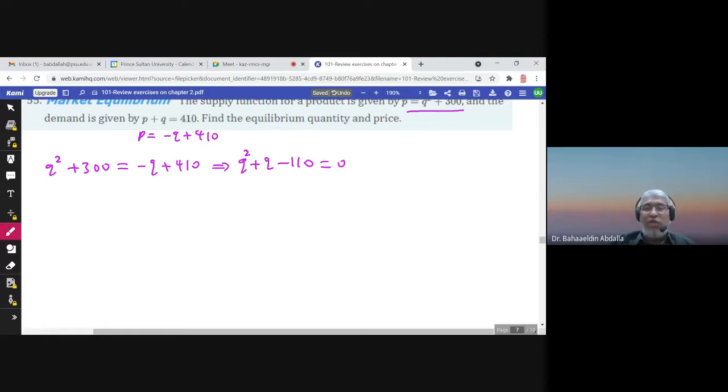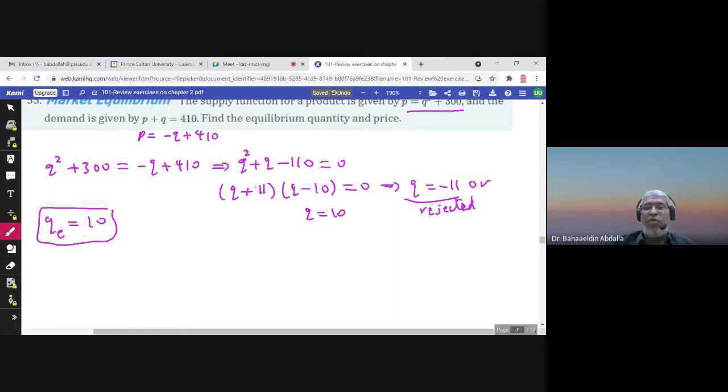If you think of factoring, this is (Q + 11)(Q - 10) = 0. 11 times negative 10 is negative 110, and 11 plus negative 10 is 1. So either Q is negative 11 or Q is 10. But negative 11 is rejected because quantity cannot be negative. So the equilibrium quantity, which I'll call QE, is 10.